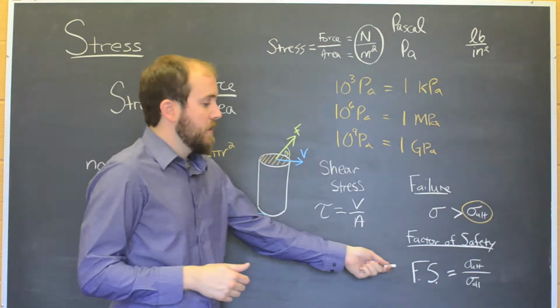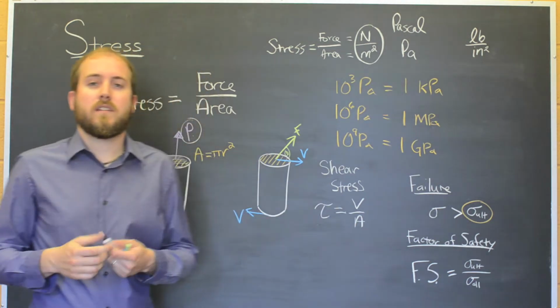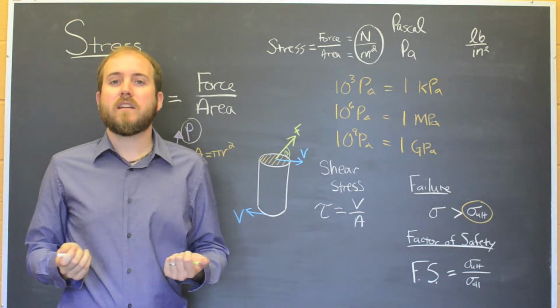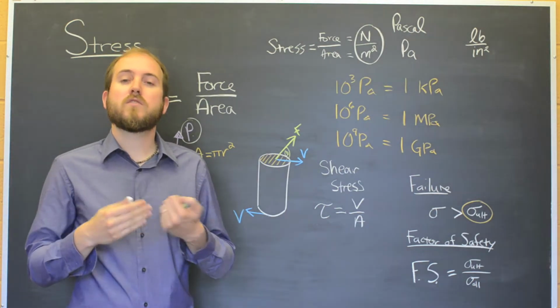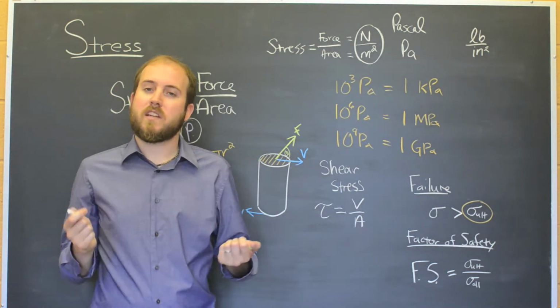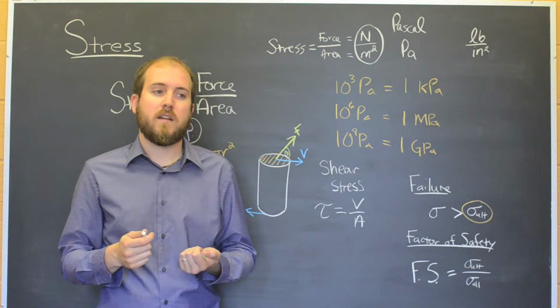This is an important criteria because in class we often are given an external force or are given a shape. In reality, we can only sometimes assume what that force will be. If we design a bridge, we can estimate how many cars will be driving over it at a given time.